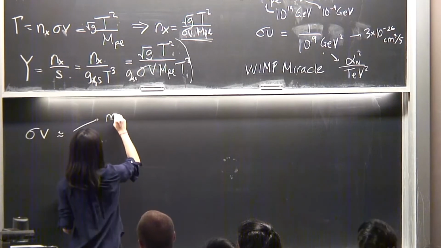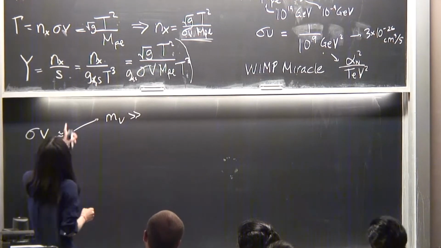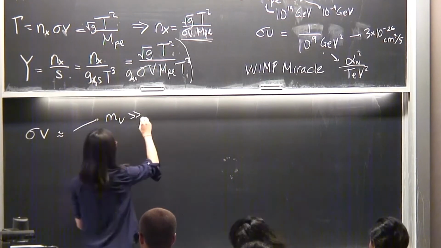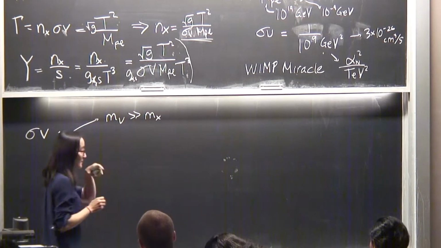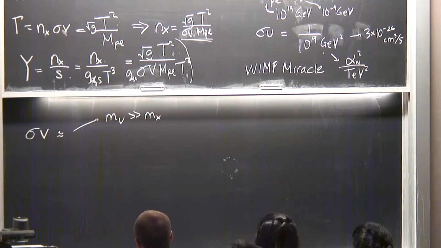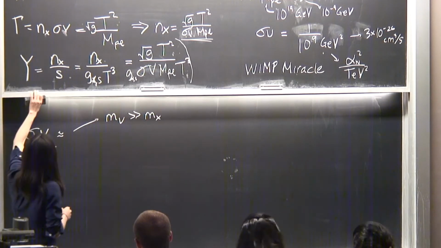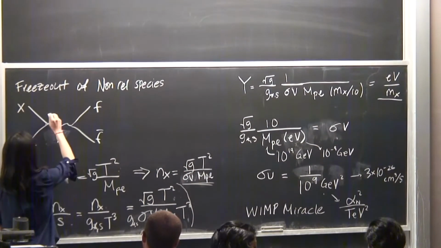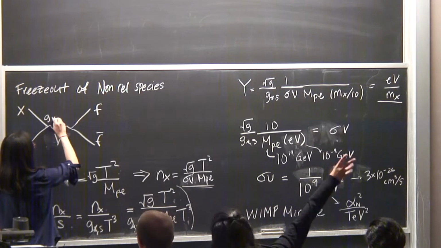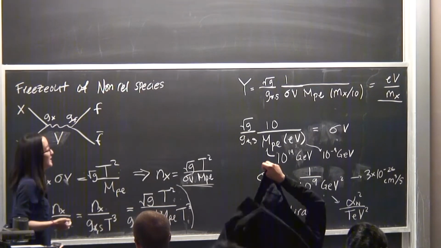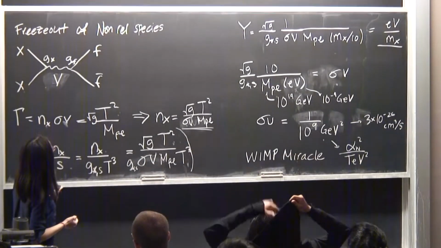Let's first take the case that this mediator in the middle is much heavier than the dark matter. I'm also going to allow for these 2 couplings to be some generic g_X and some generic g_f, just so that they can be different in principle.